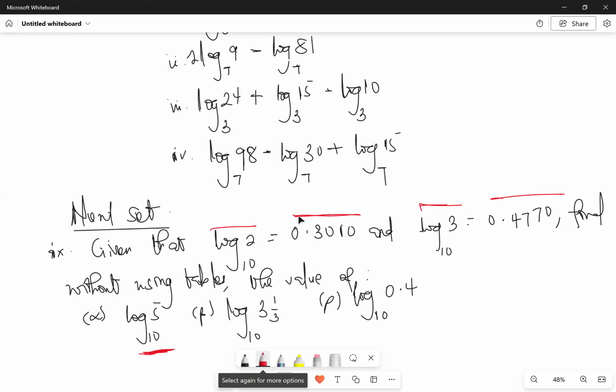Let me repeat myself one more time. First of all, find log 2 on the calculator and check if the answer corresponds to this. Find log 3 on the calculator and check if the answer corresponds to this.